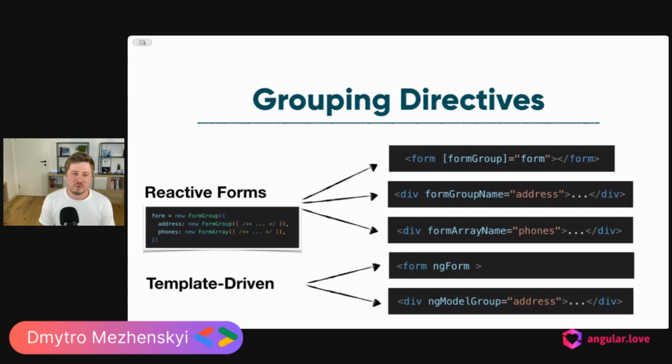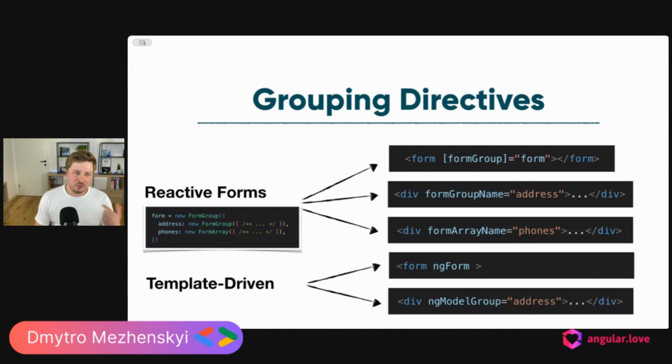And by the way, ngForm, I applied this explicitly just for demo purposes, but in fact, it is applied automatically once you import the forms module into your standalone component or your ngModule. ngForm will be applied to the form element, because if you have a look at the source code, you will see that the ngForm directive has a selector of the form element, so it will be magically attached.